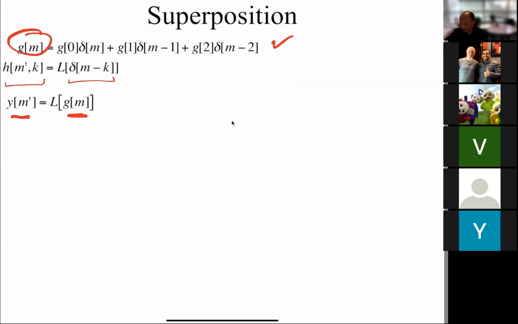Okay. And so the way we'd go about doing that is as follows. I'll just sort of map out what we do. We first keep our L, that's our system, and we're going to write g of m as, let's call it, sum of g of k delta m minus k.